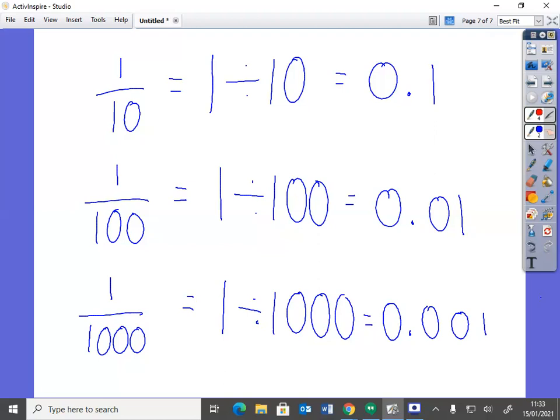The last thing that we want to understand before we move on to next week is that a hundredth is 10 times smaller than a tenth. That's why it's moved 1 place value over to the right. And you can see I'm dividing it by a number which is 10 times greater. So that relationship also exists here.